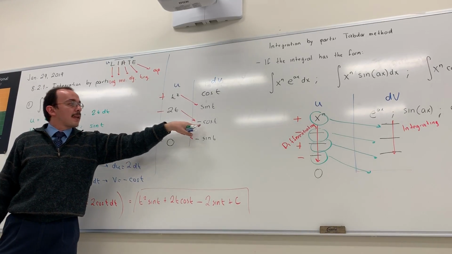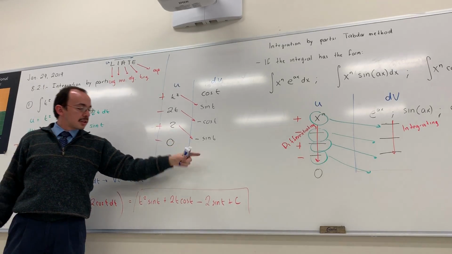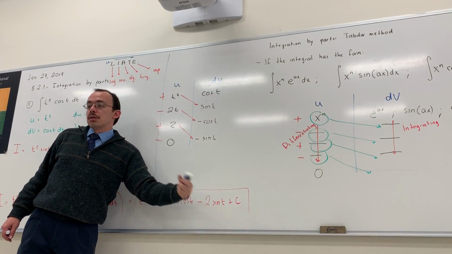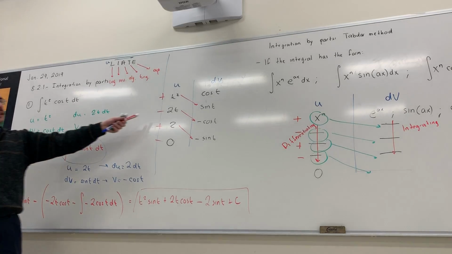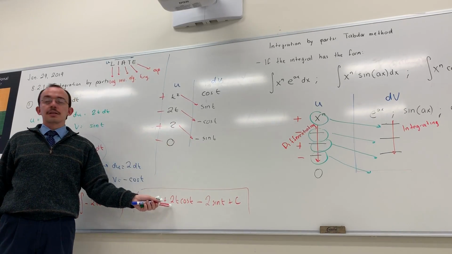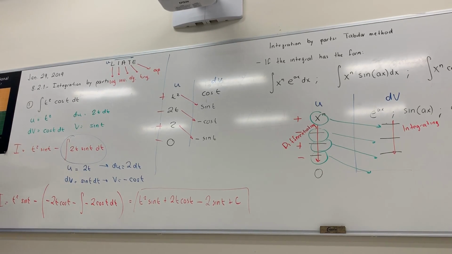Minus 2t times minus cosine. 2 times minus sine. What you consider that, so this minus times minus becomes plus. So this tabular method simplifies this process for these kind of integrals. That's why I'm teaching you that.